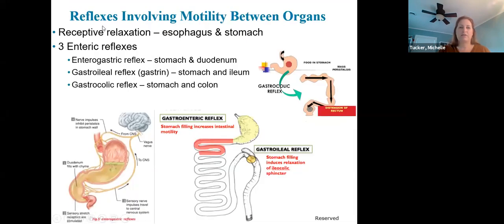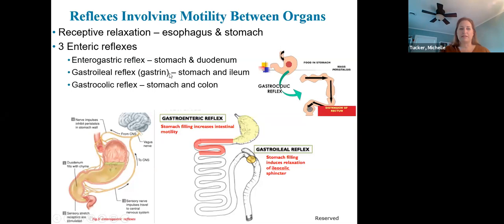This slide shows the reflexes that are involved with the enteric nervous system to help control motility and digestion. We have receptive relaxation, that is this first one over here, where as food fills, the stomach actually relaxes. Then we have the enterogastric or gastroenteric reflex. As the stomach fills, motility along the segmentation and peristalsis, that rate is going to increase along the small intestine.